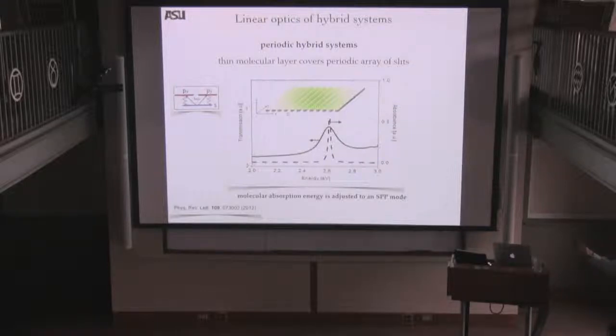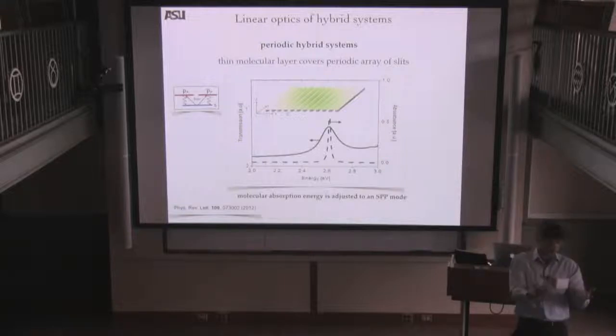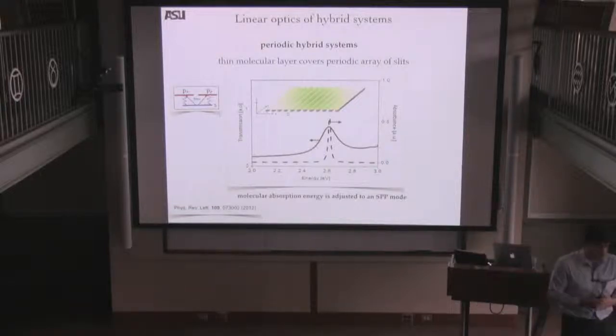Now, if you bring a thin layer of emitters with no slit array at all, what you have is a nice absorption feature right here. So you adjust parameters such that the plasmon resonance sits right on top of the absorption feature. And first, what we want to look at is whether we have a strong coupling. And if we do have a strong coupling, we try to increase the density of emitters and see whether we have this third resonance appearing in the system.